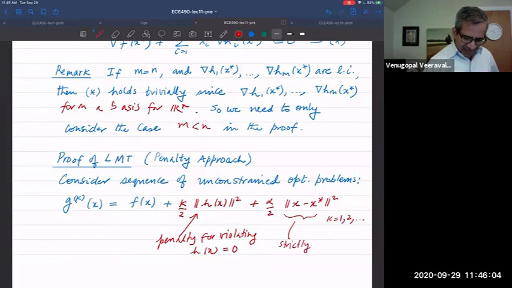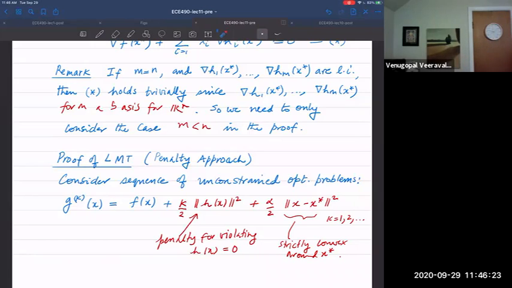So let's try to attract x to x star. This is a sequence of functions, so I'll index it by the superscript k. As I said, there's this penalty term here, and you'll see the use of that term as we go through the proof.